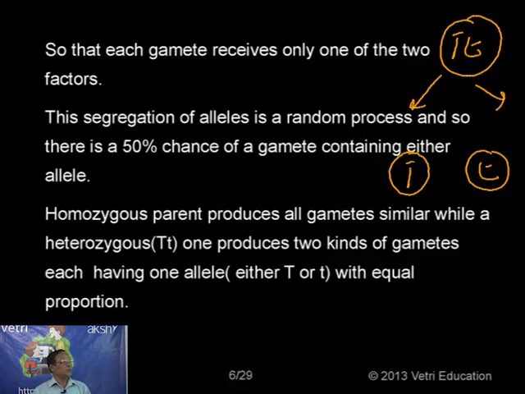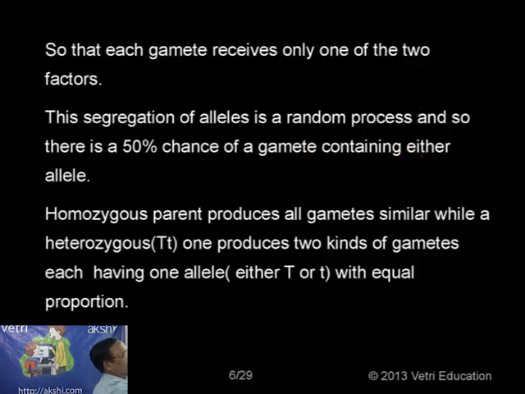Now, normally, I am concerned with this heterozygous pair. The two alleles are different, as I mentioned here. Suppose, let us take a homozygous individual. This is a homozygous individual, and I am taking two letters for the homozygous condition.